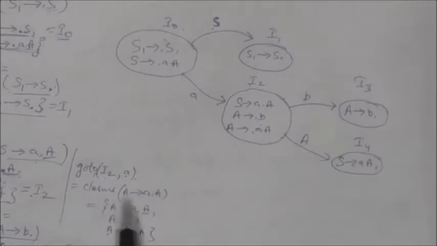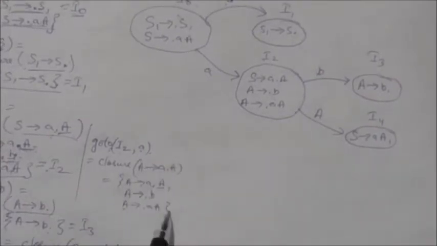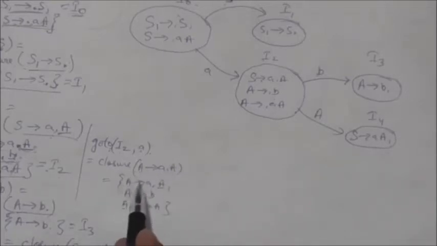Now we will take the closure of this item A derives A dot A. The closure of this LR0 item will be a set, and in that set the item A derives A dot A will be there.